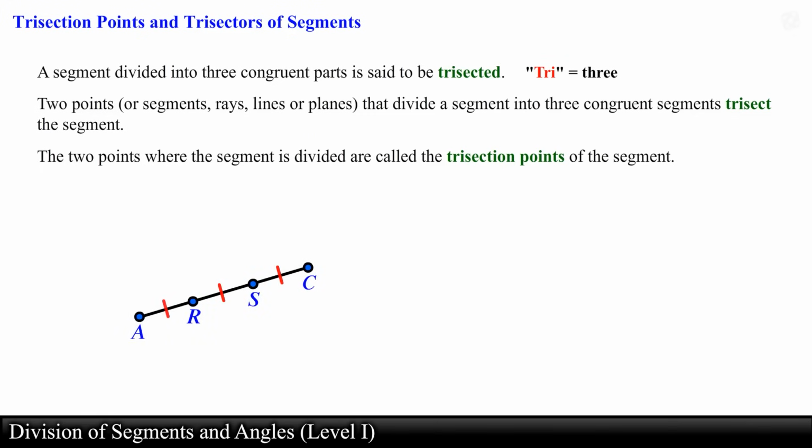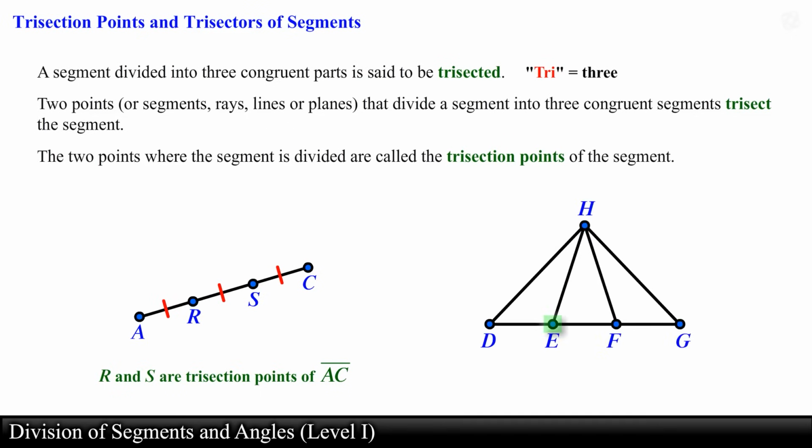In the following figure, segment AR is congruent to segment RS, which is congruent to segment SC. From this information, we can conclude that point R and point S are trisection points of segment AC. This means that segment AC is trisected by points R and S. In the next figure, if point E and point F are trisection points of segment DG, then we can conclude that segment DE is congruent to segment EF, which is congruent to segment FG.